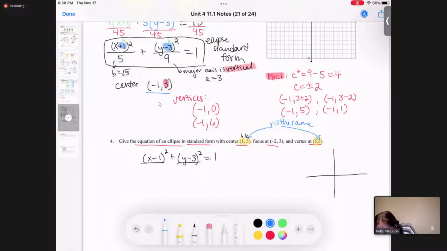So x changes, so the major axis is horizontal, because we're moving horizontally here. And so we have (x minus 1) squared over a squared, which we don't know yet, plus (y minus 3) squared over b squared equals 1.